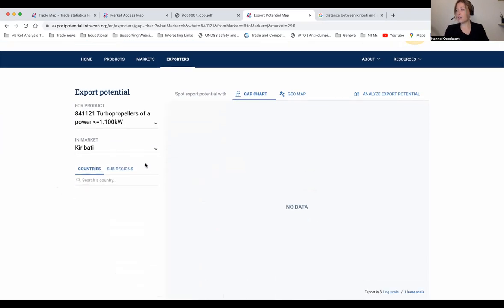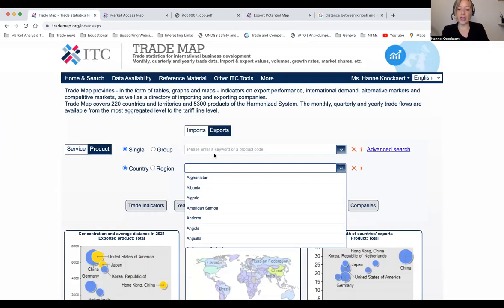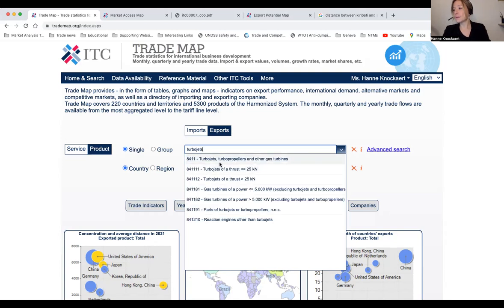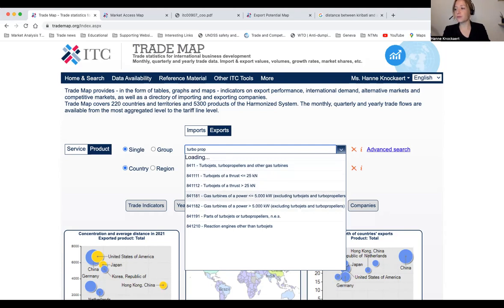There's no data available here. Tuvalu might be the same. Okay, so that's not an option. So let's look at the exporters of this, turbo propellers, sorry.